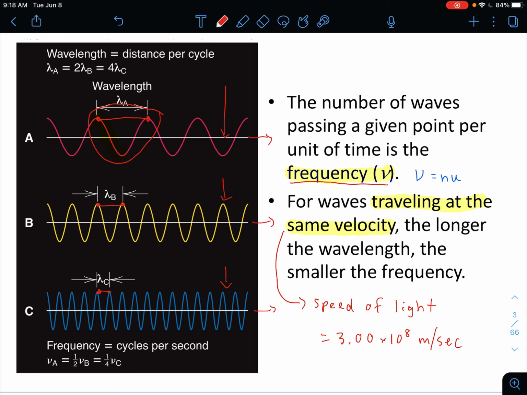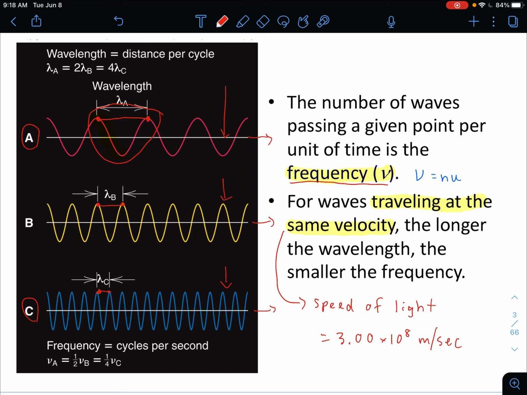So if the wavelength is long, remembering these are all traveling at the same velocity, then I will see fewer cycles per second, like in case A. But if the wavelength is short, like in case C, then I'll see more cycles per second.